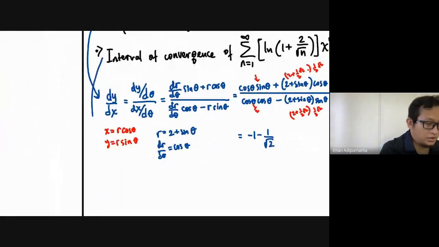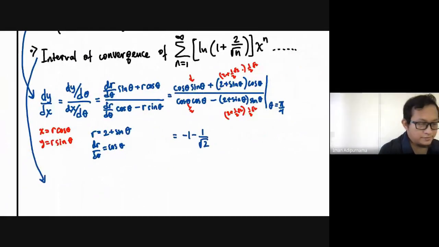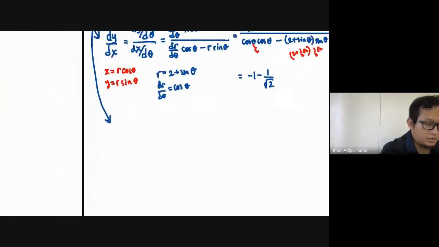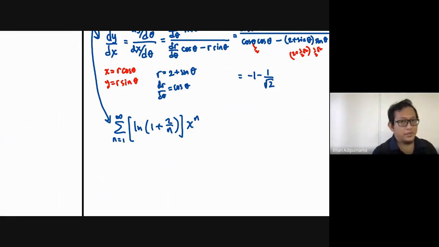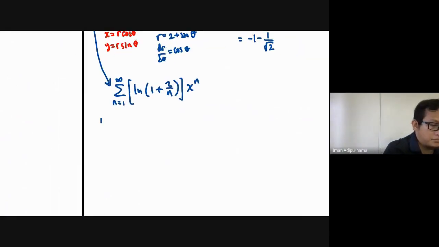Okay, the next question is the interval of convergence. The interval of convergence of the series, let me write the series. It says ln of 1 plus 2 over n, and then x with the power of n. Okay, as usual, using the ratio test.